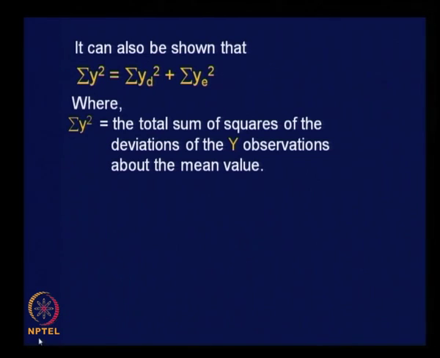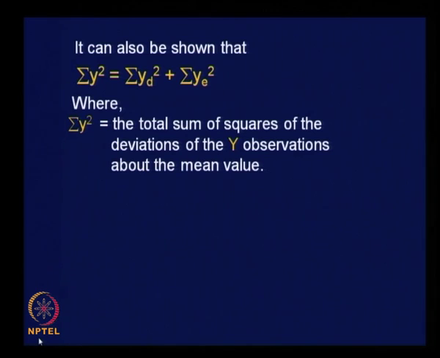Σy² is nothing but the total sum of squares of the deviations of Y observations about the mean value. It is nothing but (Y − Ȳ)² summed over all the observations, isn't it? That is what is meant by this particular statement.